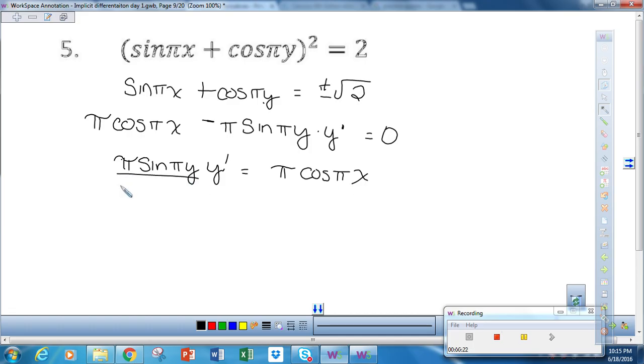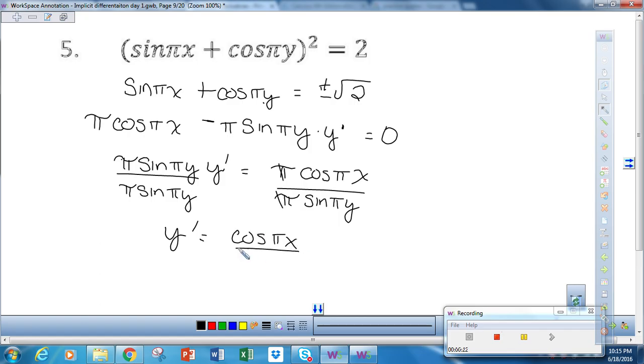And then dividing both sides, the pi's cancel, and I get y prime is equal to cosine pi x over sine pi y. Now I can't make that cotangent because I have two different variables. So I can't simplify this any further because I have two different variables.